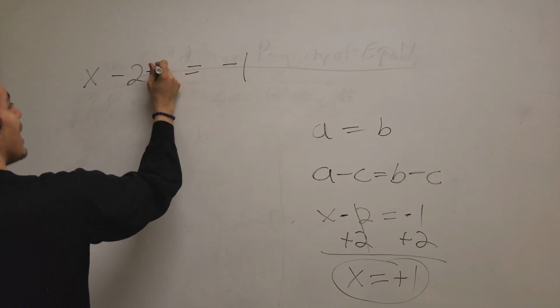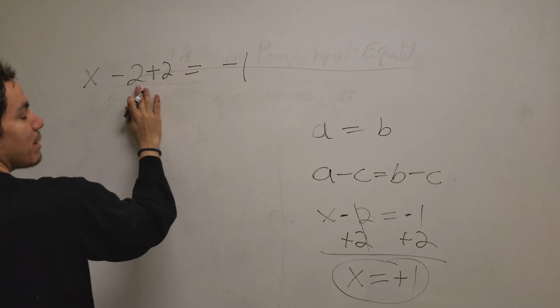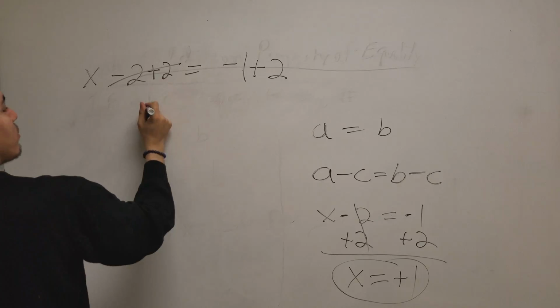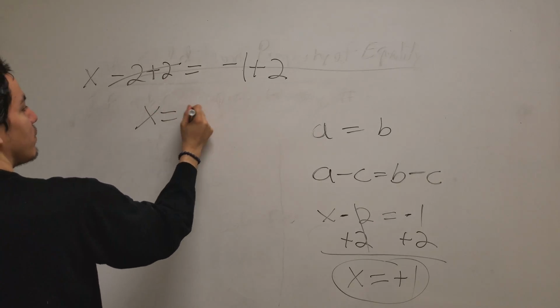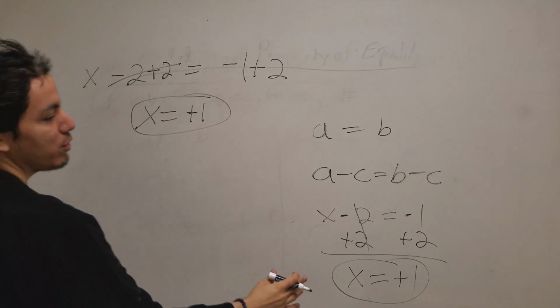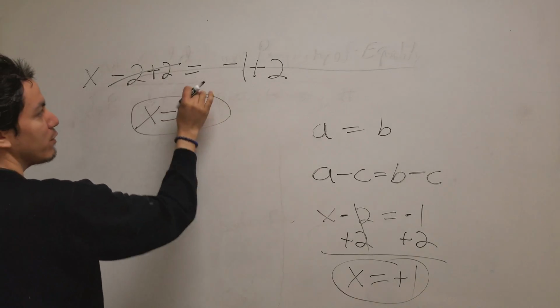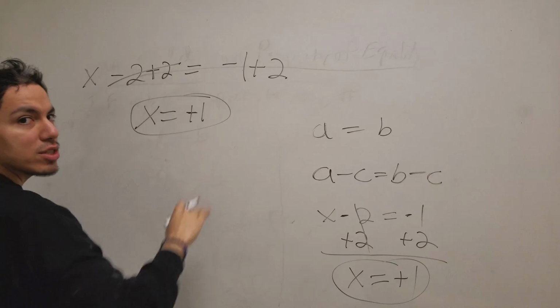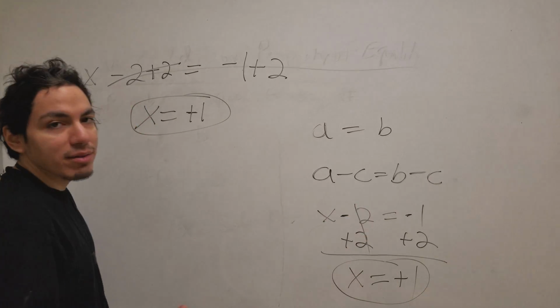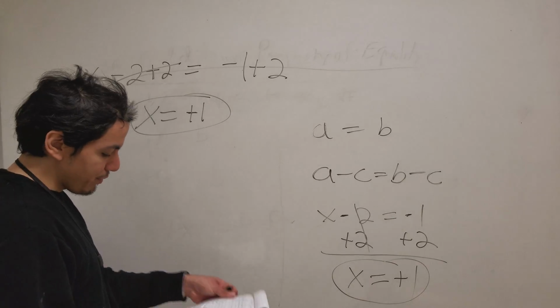So if I were to add 2 on the same side here, then I add 2 on this side, that crosses out, and we're still left with positive 1 as my answer. So you could actually do it horizontally. If you give yourself enough room, you can do it horizontally if you like it that way. Or if not, you can keep doing it vertically how I did it. Either way, you get the same results.